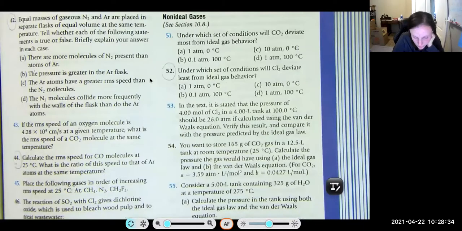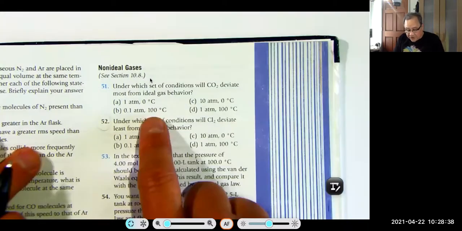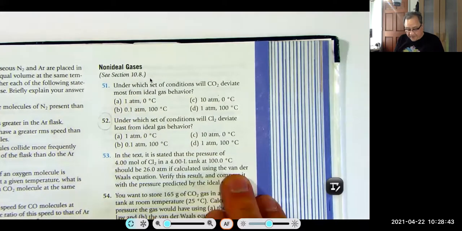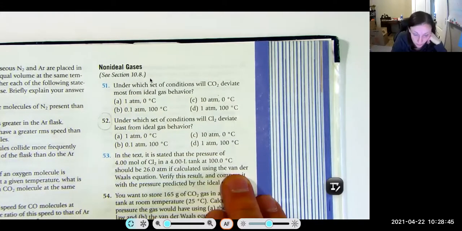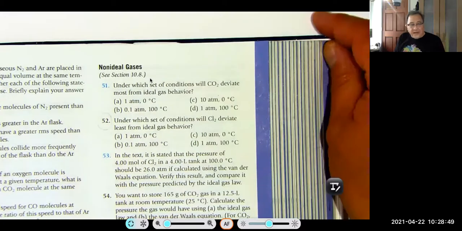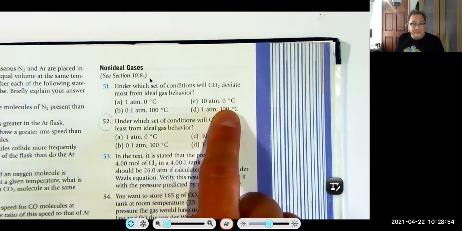Oh, I see. Okay, let's look at number 51. Under which set of conditions will CO2 deviate most from ideal gas? Well, not A, that's ideal. And C is half ideal.